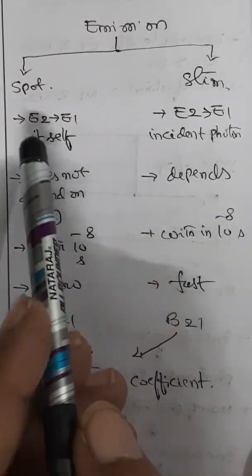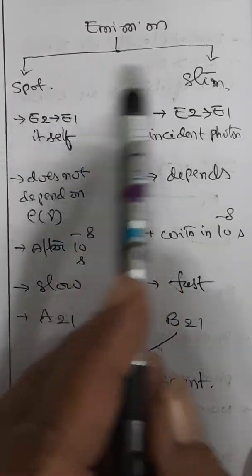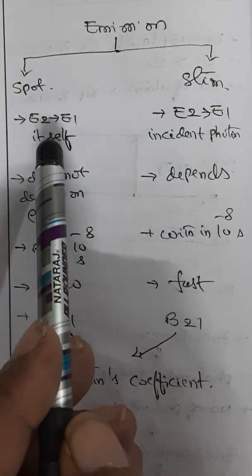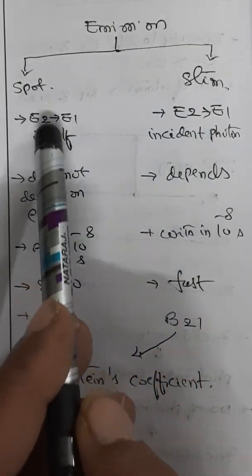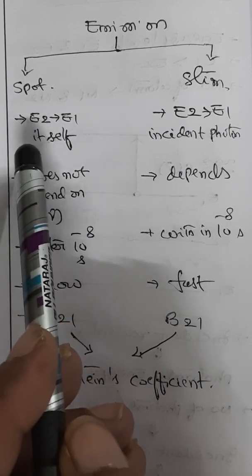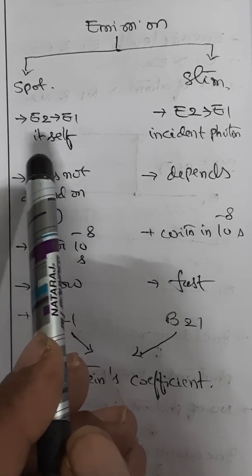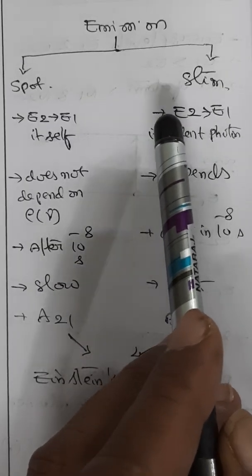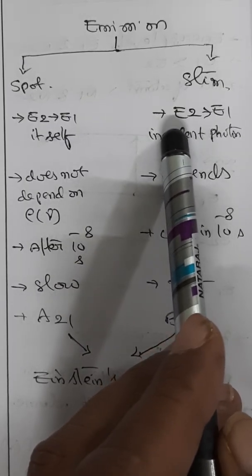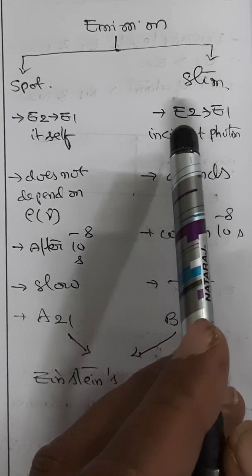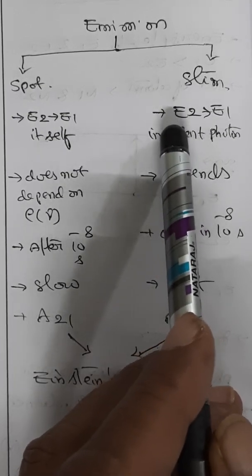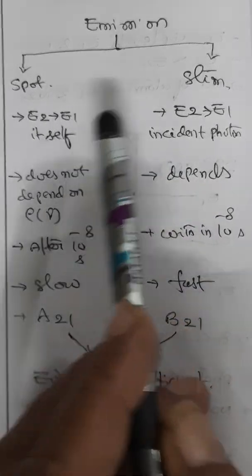So the first point of difference between spontaneous and stimulated emission is that spontaneous emission takes place when an atom in a higher energy state transits to a lower energy state by itself. Stimulated emission takes place when the atom in a higher energy state gets stimulated by the incident photon and thereby transits to the lower energy state. This is the first difference.